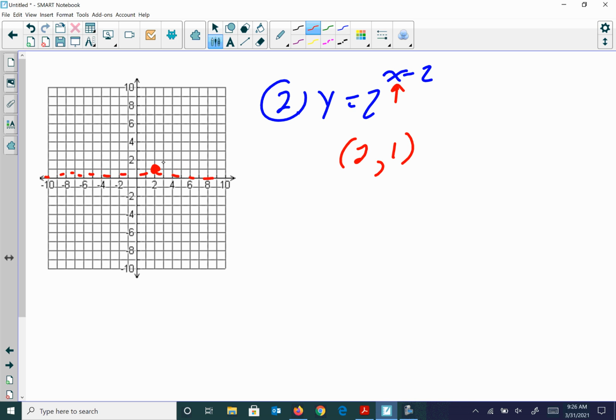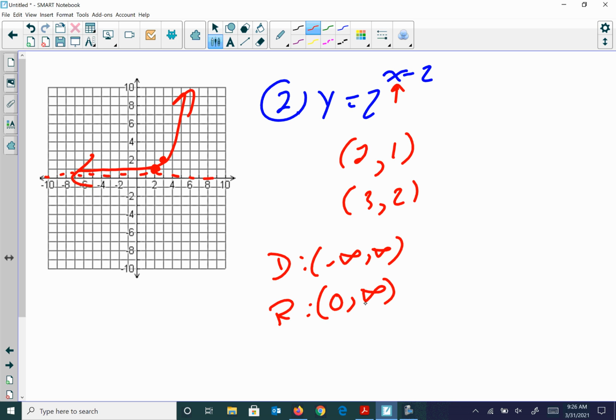And then I could plug maybe 3 in. I get 3 minus 2, which is 1. 2 to the first is 2, so I get 3 comma 2. So here's my graph. So my domain is negative to positive infinity. My range goes from the asymptote, which is 0, to infinity because it's going upward.